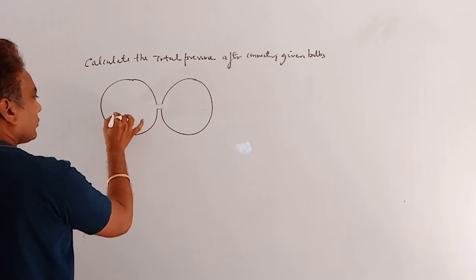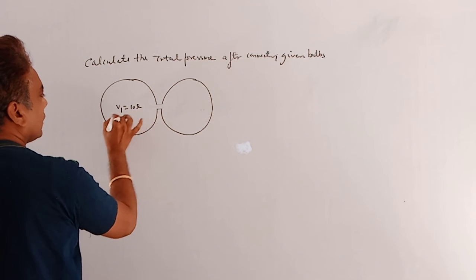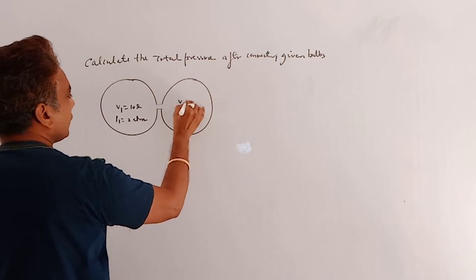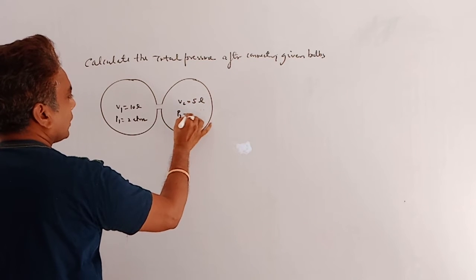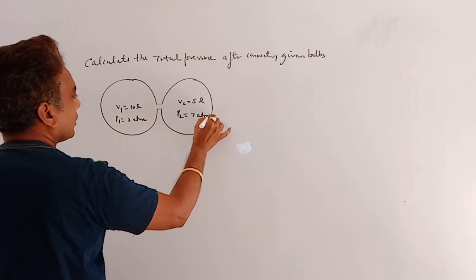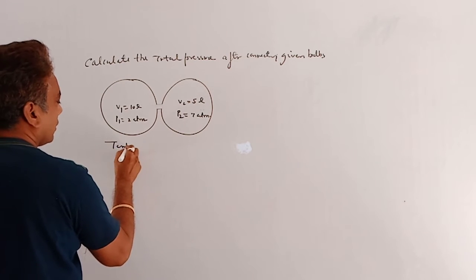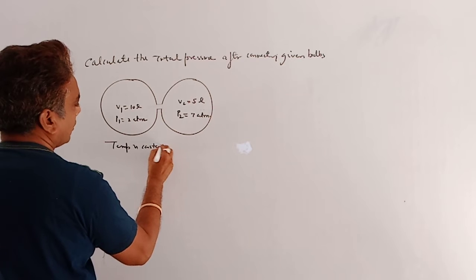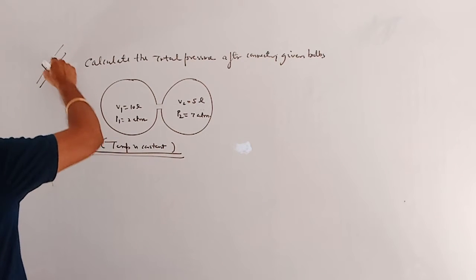Initially volume is 10 liter, pressure is 2 atmosphere, volume is 5 liter and pressure is 7 atmosphere. Temperature is constant. So here is the question.